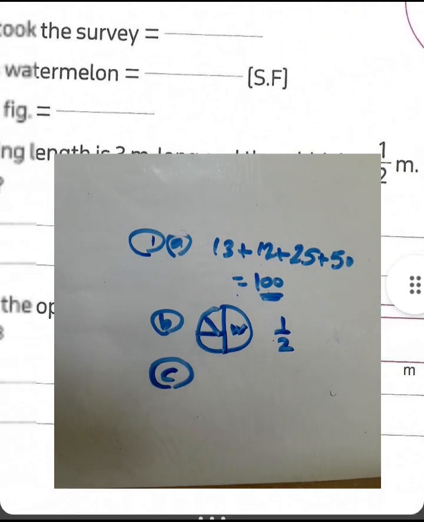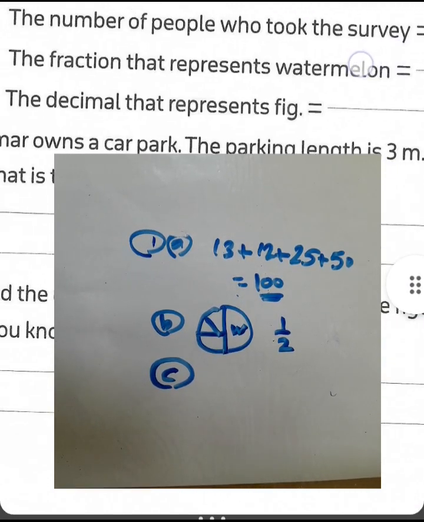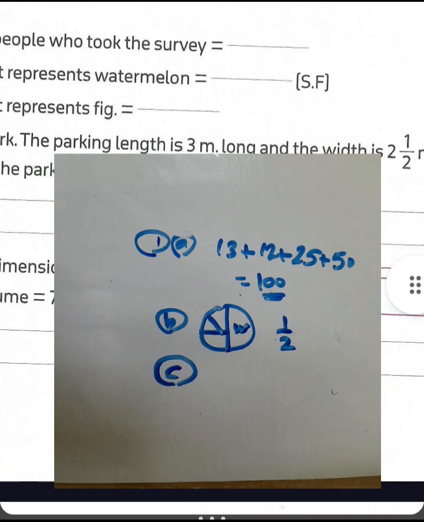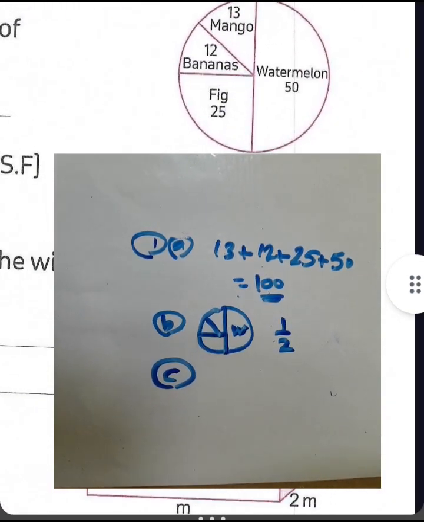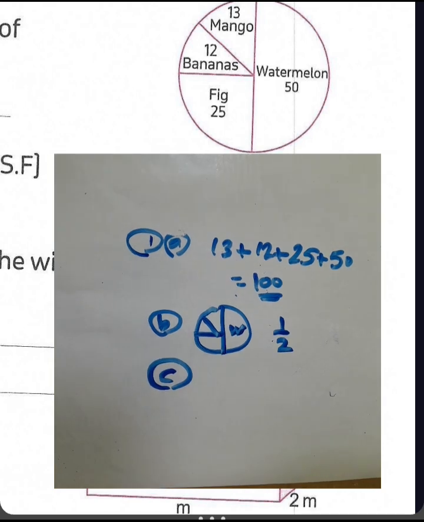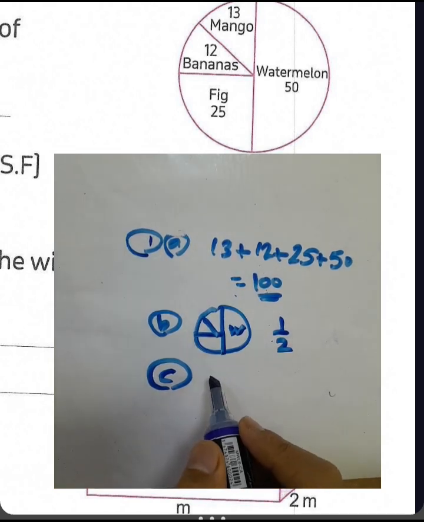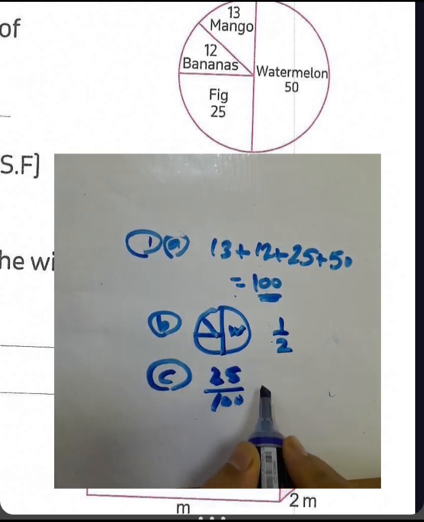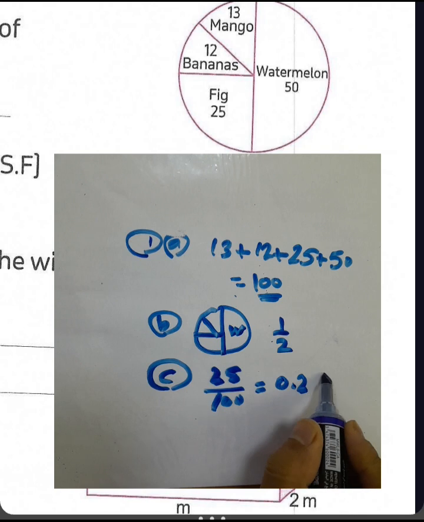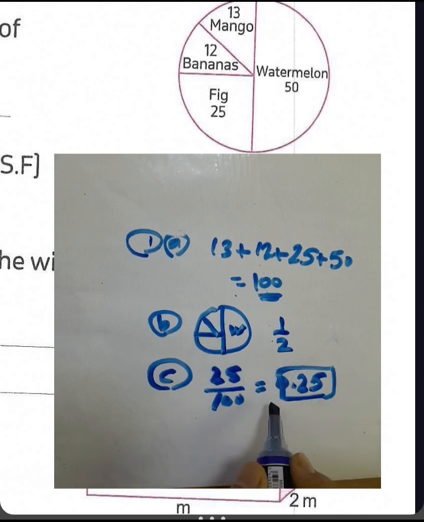About watermelon. Letter C. The decimal that represents the fig. Where is the fig? Fig is 25. Here fig was 25 out of 100. It will be 25 hundredths.